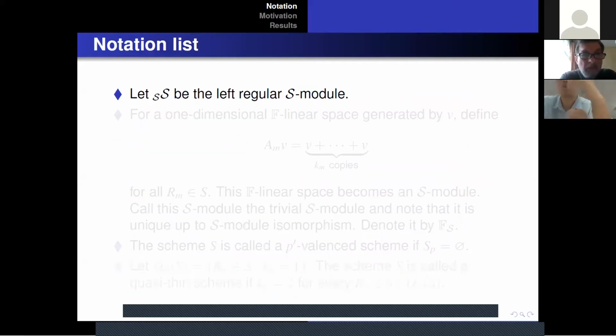Continuing, we need to define some modules. Firstly, let S_S be the left regular S module, because S is an associative F algebra with the identity element. We define this by considering the action of S on S by left multiplication.